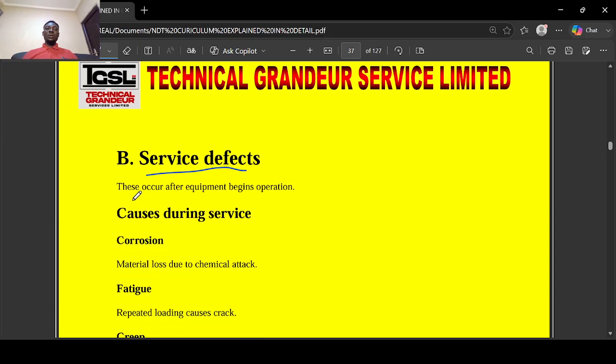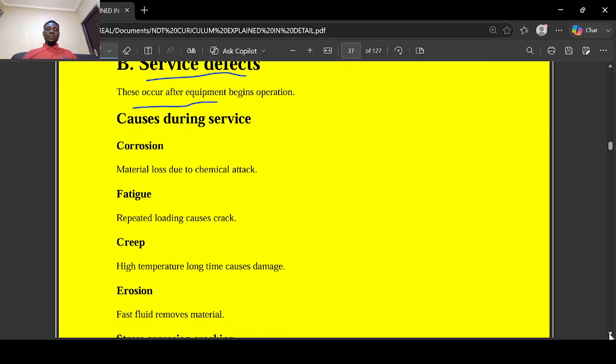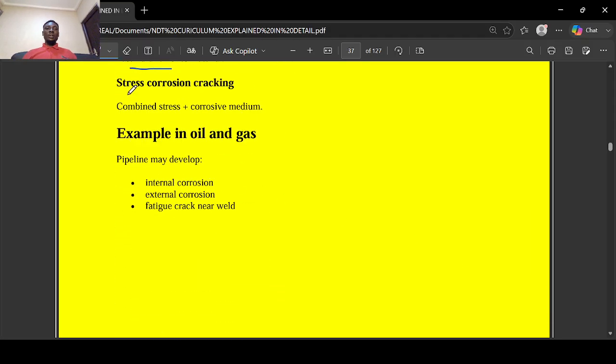Service defects occur during or after equipment begins operation. Causes during service: corrosion, material loss due to chemical attack; fatigue, repeated loading causes cracks; creep, high temperature over a long time causes damage; erosion, fast fluid removing material; and stress corrosion cracking, combined stress and corrosive medium.